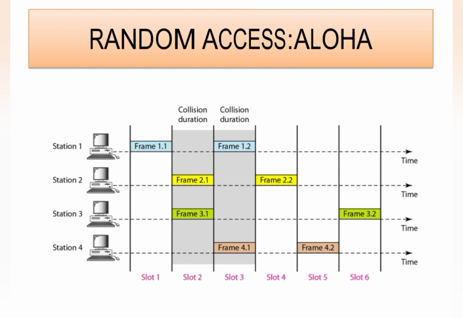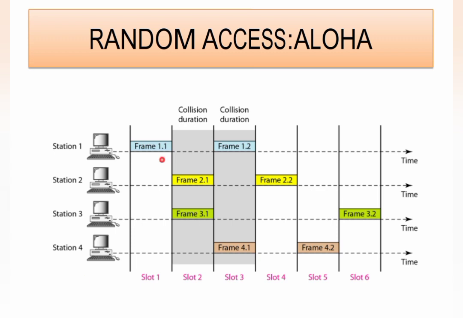Station 1 is sending frame 1.1 at slot 1. In slot 2, frame 2.1 and frame 3.1 from stations 2 and 3 have been transmitted. In slot 3, frame 1.2 from station 1 and frame 4.1 from station 4 are transmitted.